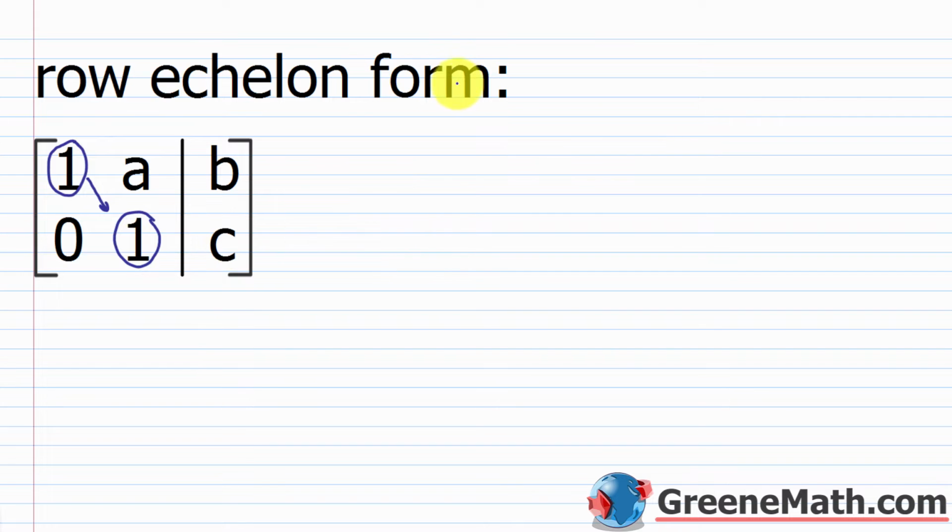If I have something in row echelon form, and again, these equations are Ax plus By equals C, well, I know that I'd have 1x plus Ay is equal to B in this case, right? Just using generic information.